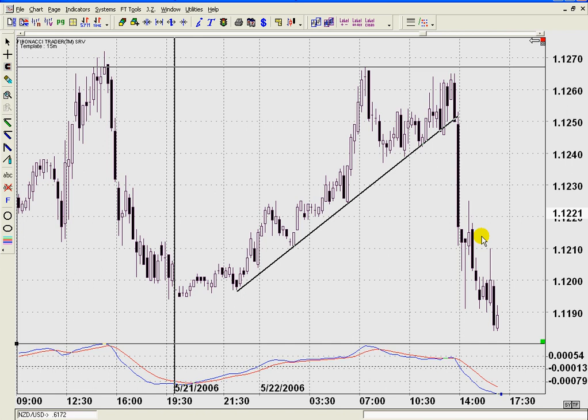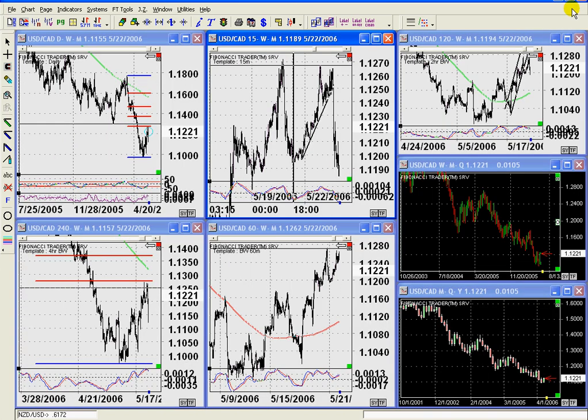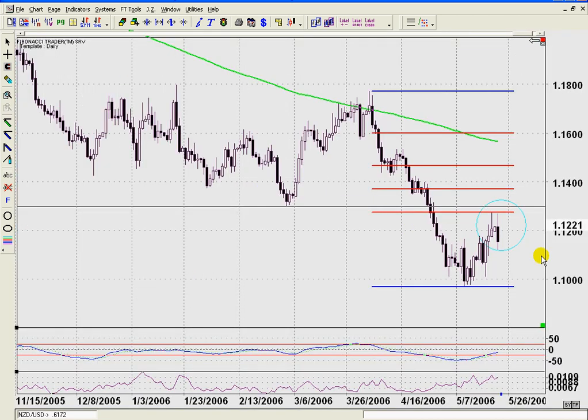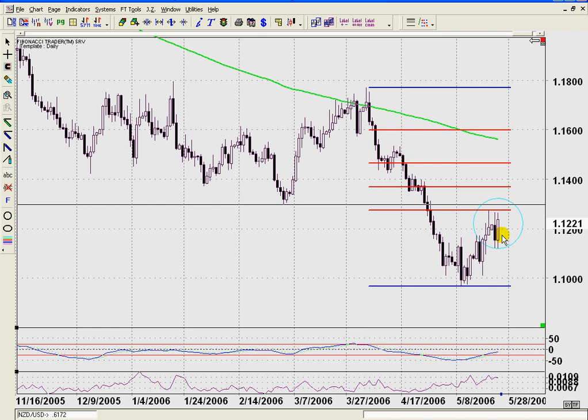Now, what we want to do is go back and have a look at what's happening on our daily chart. Price is making even another attempt at these highs, and the more attempts it makes and the weaker it gets, the stronger the possibility of a significant down move.